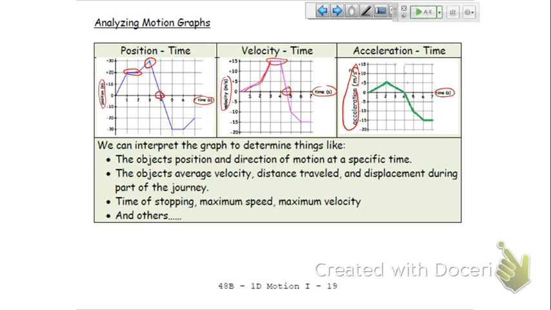That means you returned home. When those two areas balance each other, I returned home. Positive displacement, negative displacement. Completely different interpretations. So you've got to watch out for that.